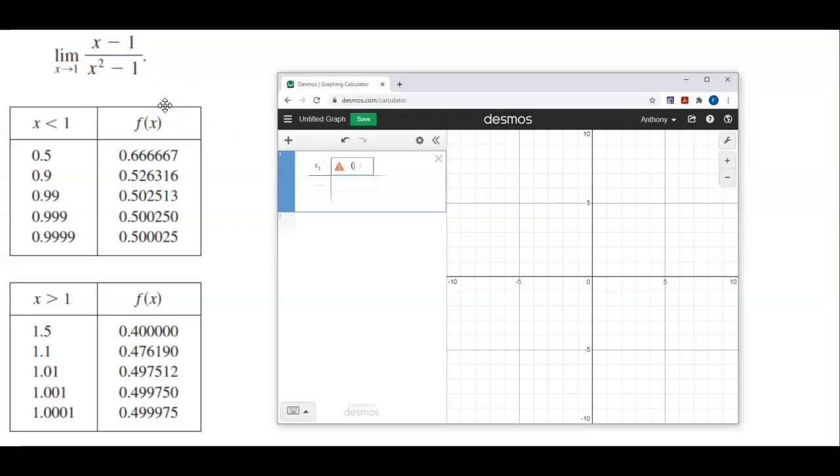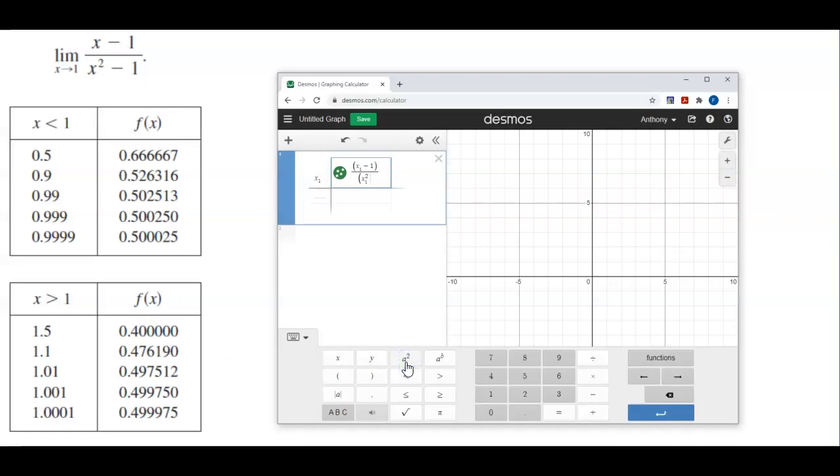So you've got parentheses, x, just hit number 1, and then minus 1. Then we divide that by, again, x, making sure you put the 1 in there, and then we need to square that, and then that's minus 1. So there is our function.